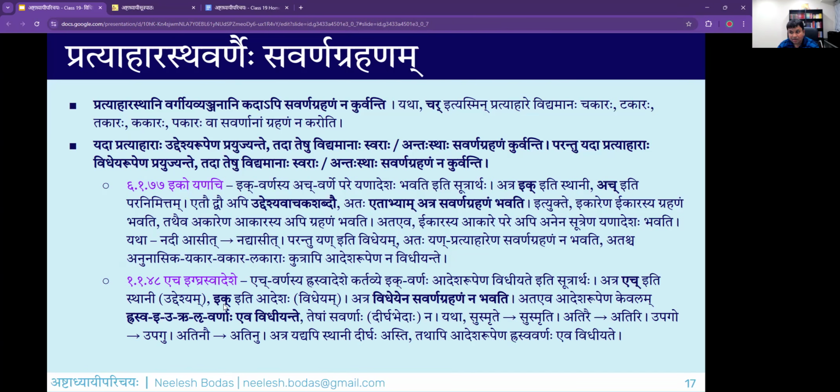So this ik is the vidheya. This vidheya will not undergo a savarna grahanam, which means that i, u, ru, lu in this ik cannot include the dirgha bhedas. अतः आदेश रूपेण केवलं ह्रस्व इ उरुलु वर्णाः एव विधीयन्ते सवर्णाः इत्युक्ते दीर्घभेदाः न.